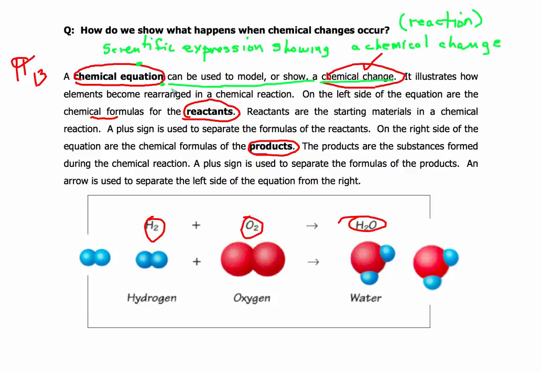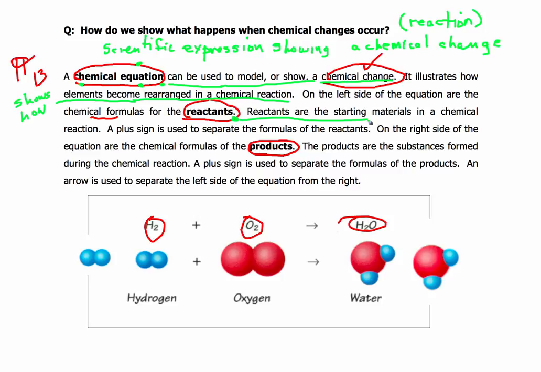It illustrates how elements become rearranged. So we're going to link down here. Shows how elements actually become rearranged in a chemical reaction. Okay? So, reactants, right here, what are the reactants?